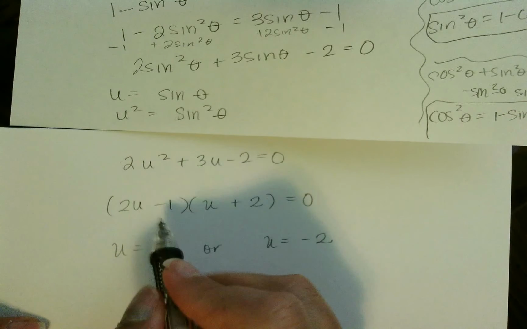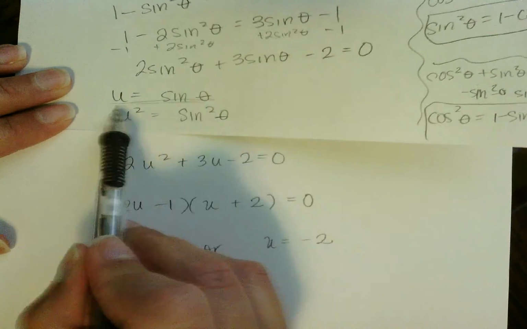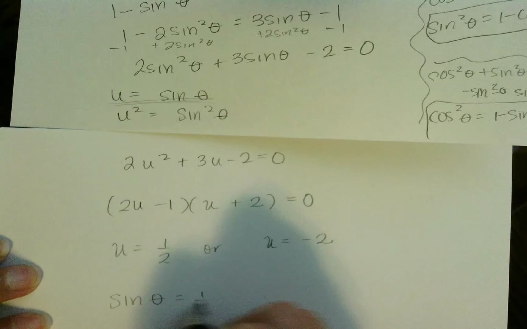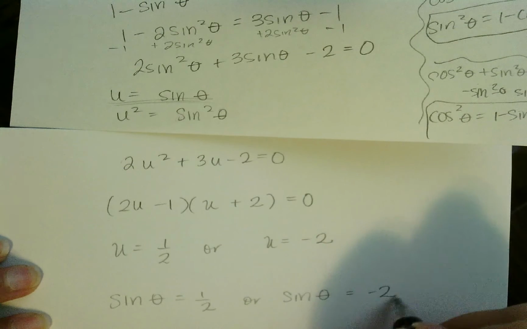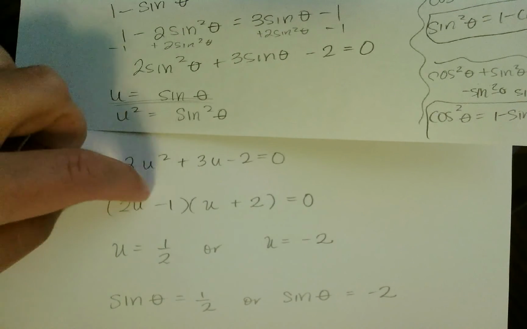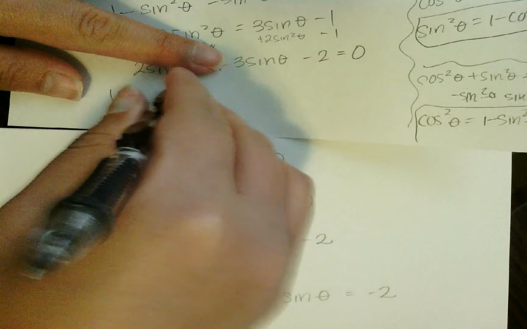So now replace your u's with sine of theta. You're always using this guy for u. So sine of theta equals 1/2 or sine of theta equals -2. So if you would have factored, you would have got 2 sine minus 1 sine plus 2. And then you can solve it.